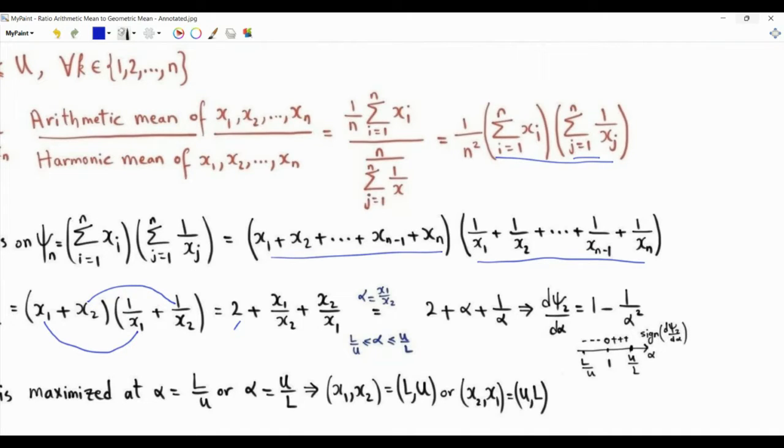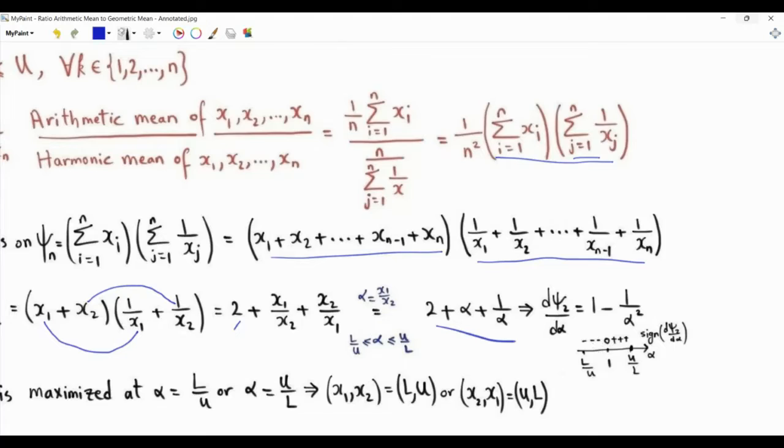So the sign of the first derivative will be negative, then it's 0 exactly when alpha is equal to 1, then it is positive. So this function is decreasing, there is a minimum at alpha equal to 1, and then it increases. Note that our problem is a maximization problem.